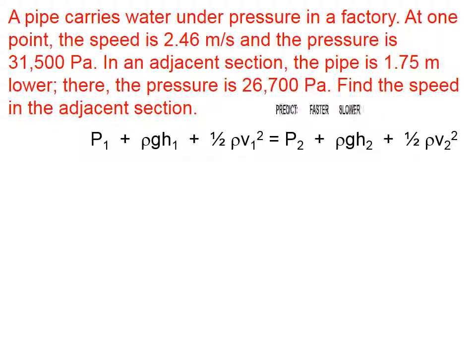But before we get to the numbers, let's make a prediction as to how the speed compares to the original speed. In other words, the speed in the section that we're asked about, how does that compare to the speed in the original section, 2.46 meters per second? A good guess would be obtained by looking at the pressures. In the first section of the pipe, the pressure is 31,500 pascals.